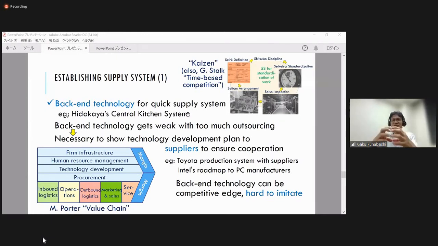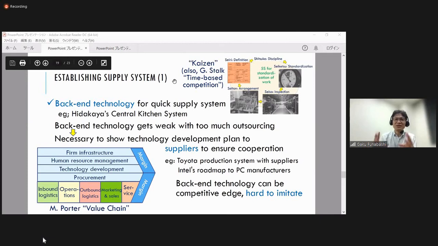They have a central kitchen, and half-cooked food is sent to each restaurant, where they finish the cooking and serve. By having such a system, they can lower the cost. That is one of the back-end technologies for the supply system.